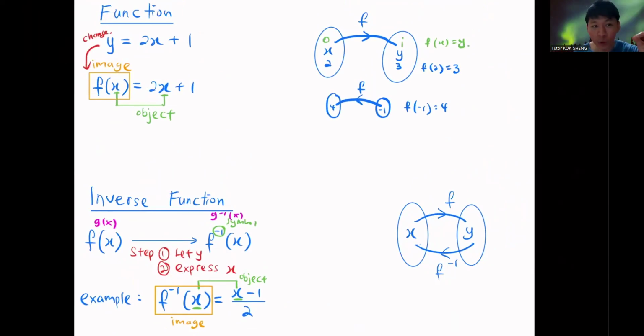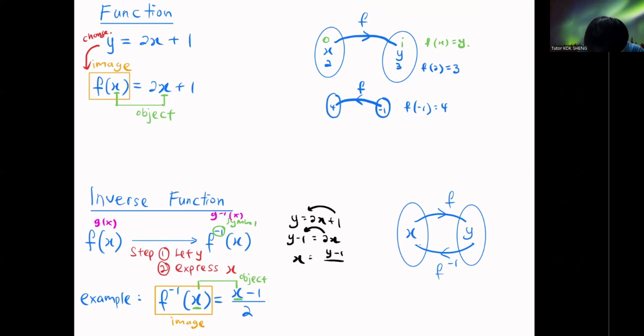So if I use this example to find the inverse, you have to know the algebra, like normal bring over. So let me do the working here. Let's say y equals 2x plus 1. You have to know the algebra on how to bring over: 1 bring over first, then 2 bring over, divide. So you get something like this.